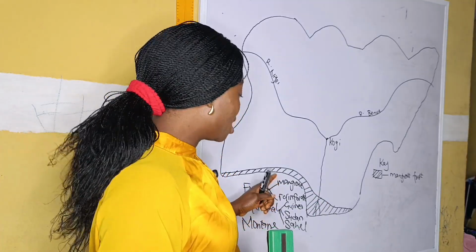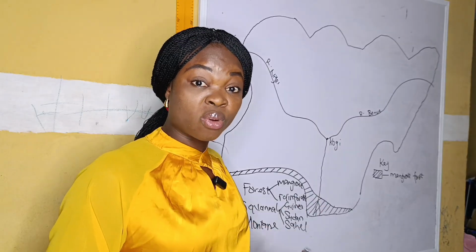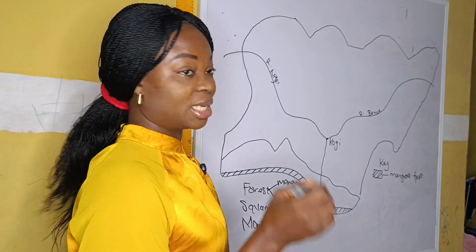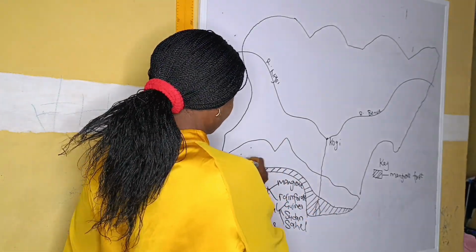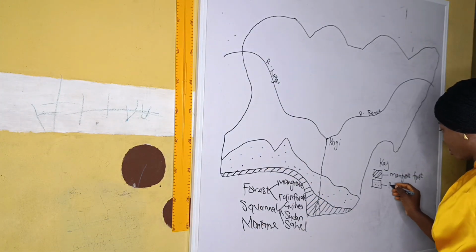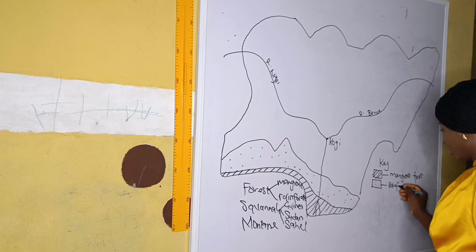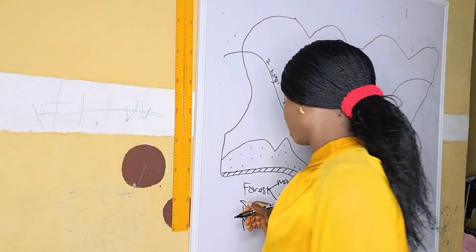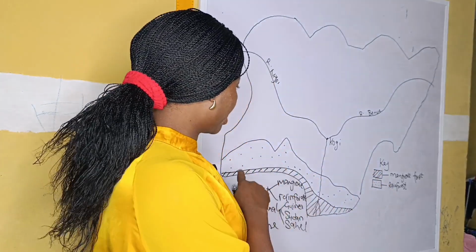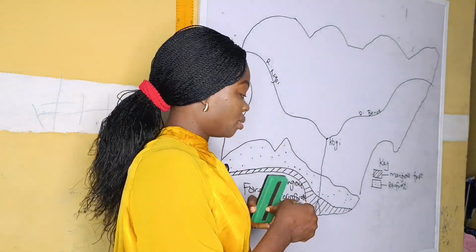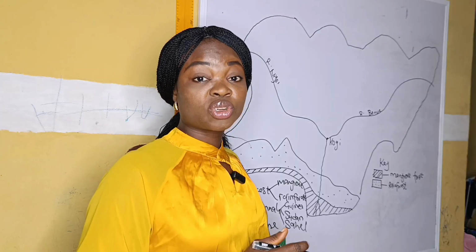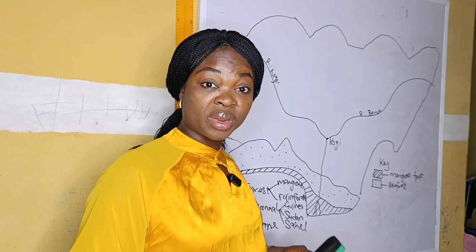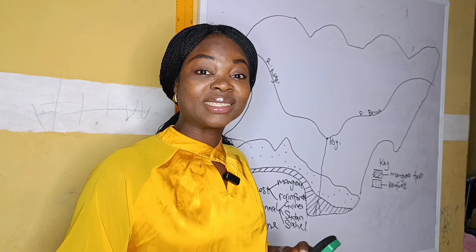Let's go to the next one, which is rainforest or tropical rainforest. Let's use dot dot dot for it. Location of rainforest. Tropical rainforests can be found in places like Benin, Sapele, Warri, Abeokuta, Ondo.